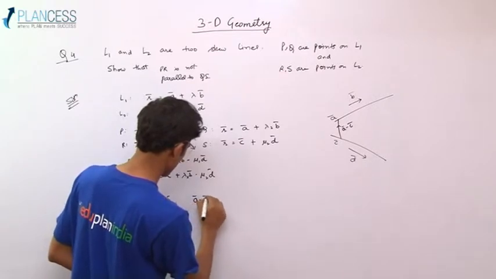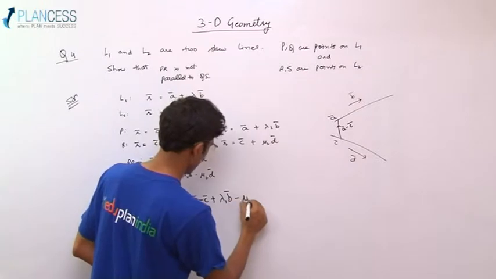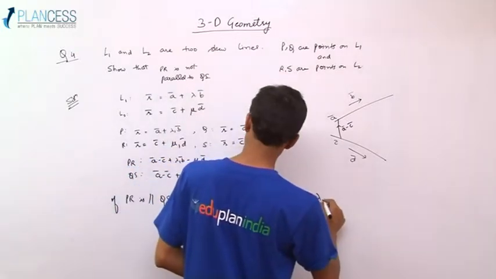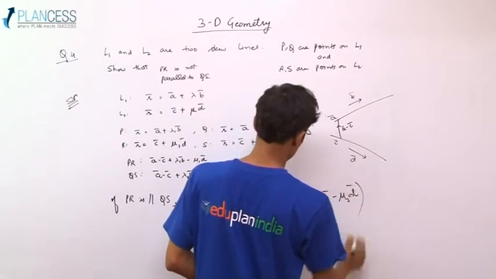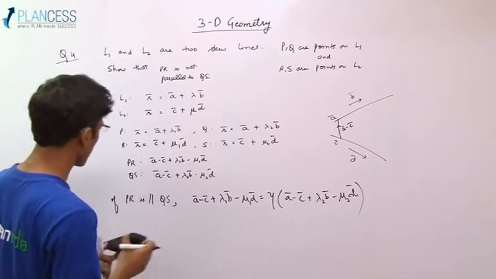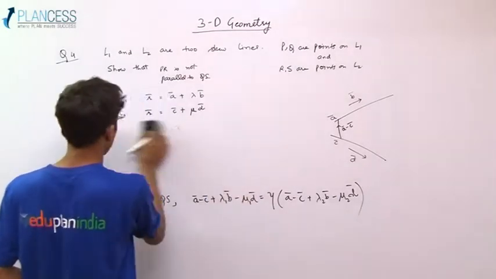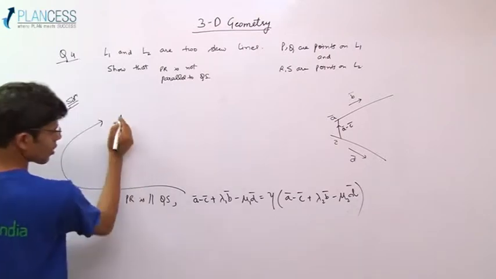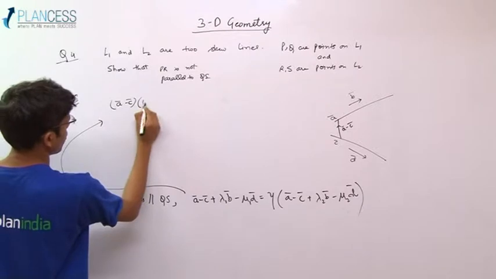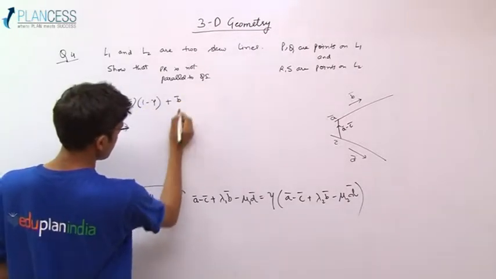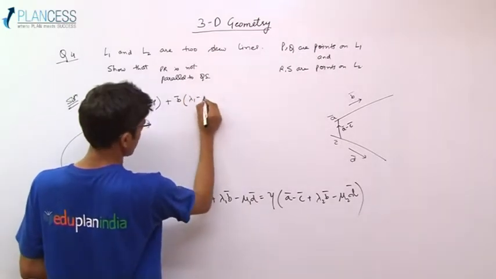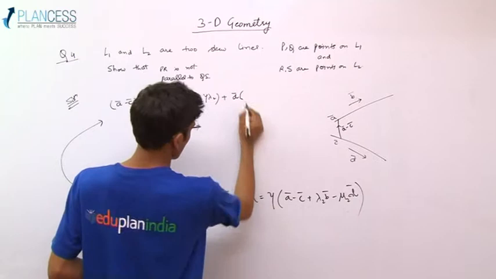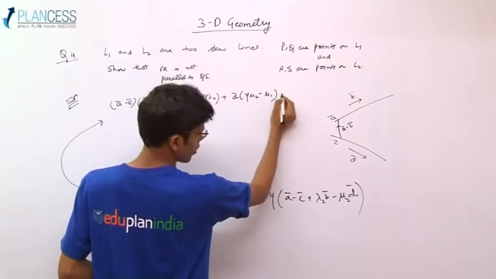So A minus C plus lambda 1 B minus mu 1 D is some gamma times A minus C plus lambda 2 B minus mu 2 D. So this gives A minus C times (1 minus gamma) plus B times (lambda 1 minus gamma lambda 2) plus D times (gamma mu 2 minus mu 1) is 0.